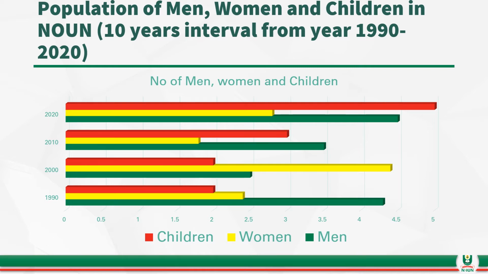In 1990, you can see the population of men, women, and children, and then after 10 years in 2000, you can see what they represent in terms of values, and then you can see also in 2010, and then in 2020.